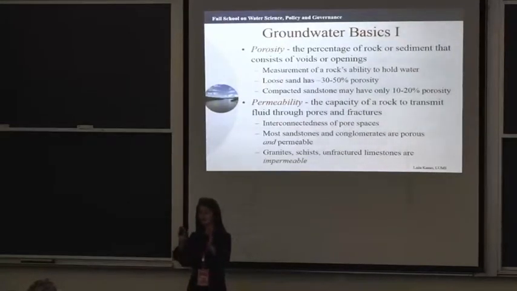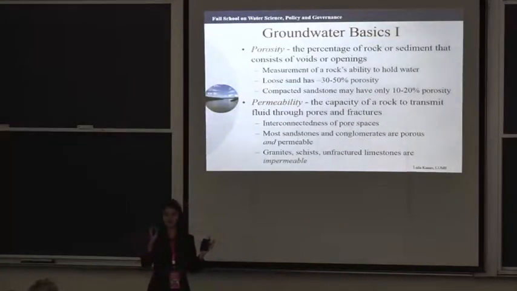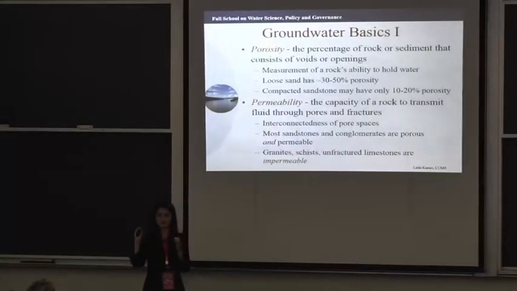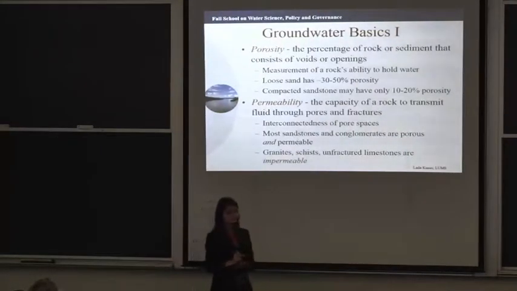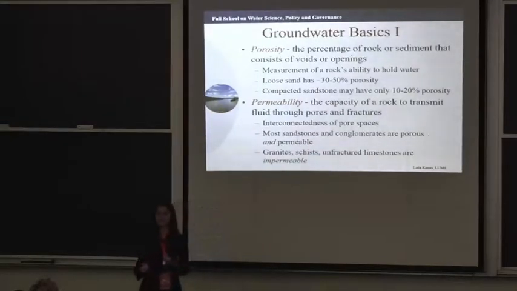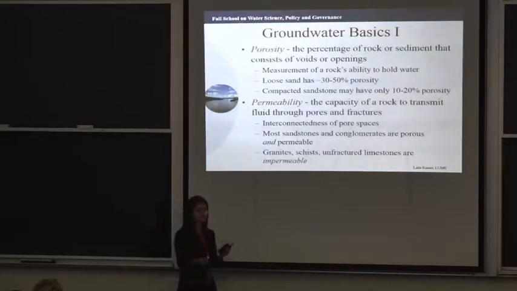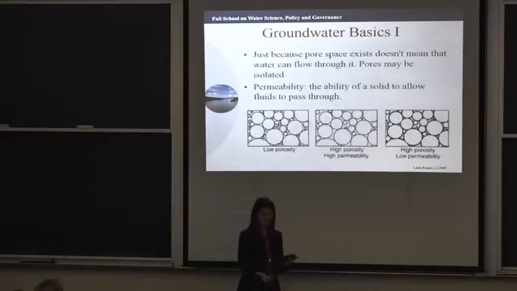If you have a lot of spaces between the rock particles, you are porous. If those spaces are not connected, you are not permeable, you are just porous. Often sediment that is shaped differently is less porous because the spaces between big particles are filled by the smaller particles, right?